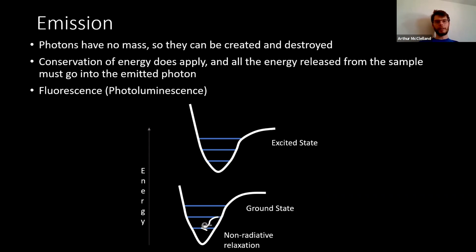And then usually it relaxes a little bit more through a little bit more non-radiative relaxation. So this is why the absorption spectra and the emission spectra may not match up perfectly. It depends how many non-radiative relaxation levels are available in your sample. So you can measure the bandgap on the absorption side, and you can measure the bandgap on the emission side, and they may not give you exactly the same number, but that's understandable when you look at the cartoon.